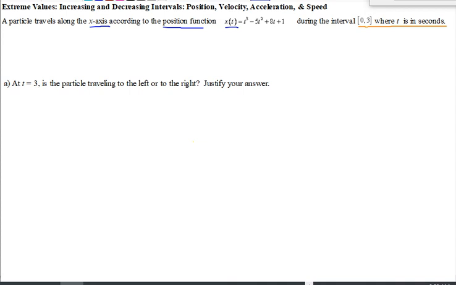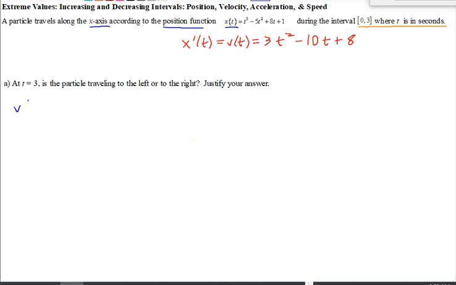So again, what tells you if it's moving left or right is the velocity. So you could write it as x prime of t or v of t. That would just be 3t squared minus 10t plus 8. And then just substitute in 3 into that.